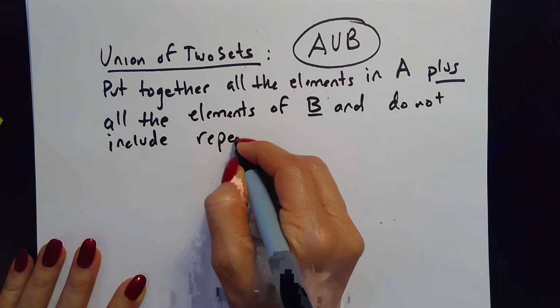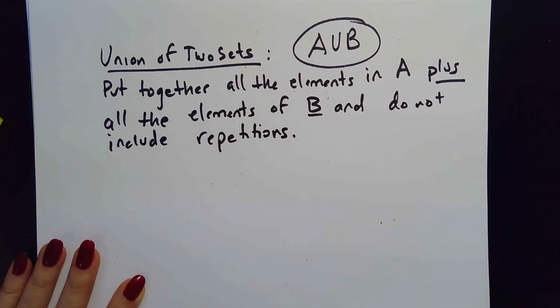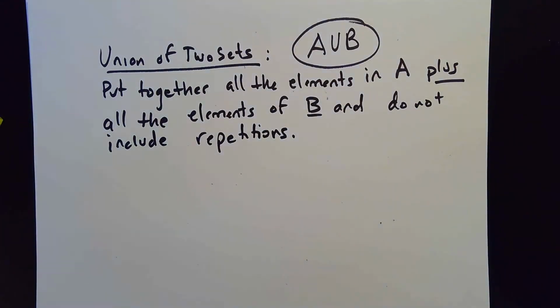If you see, for example, the number 2 shows up in both A and B, you will include it once. You're not going to include it twice. Okay, so that's the union of two sets.